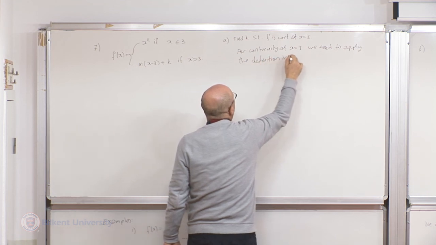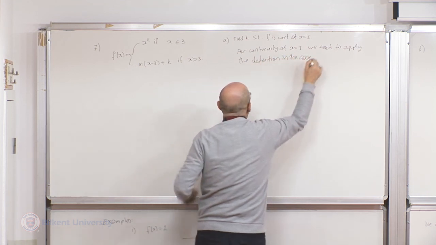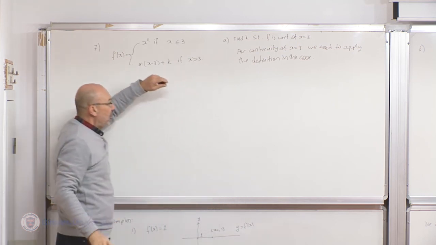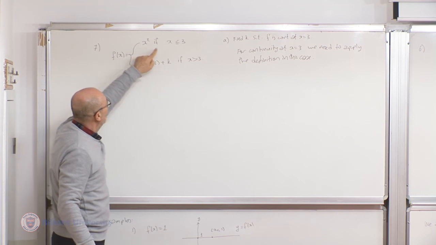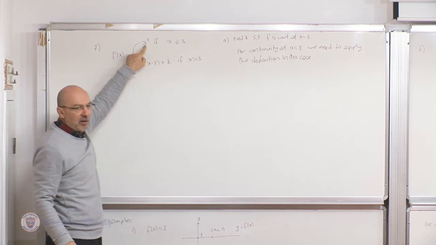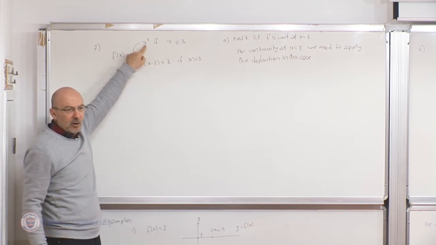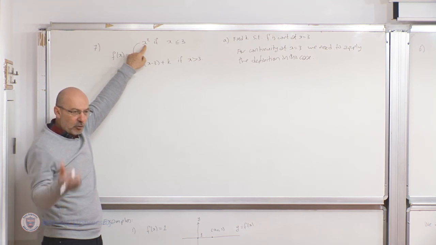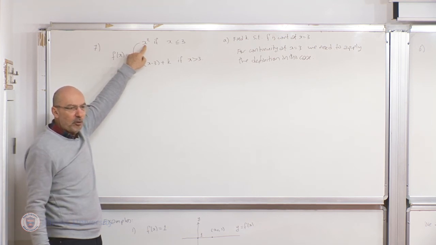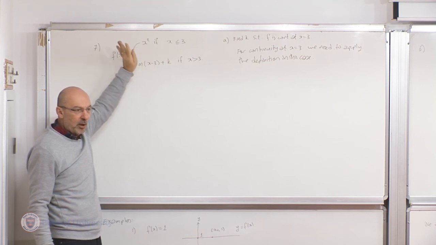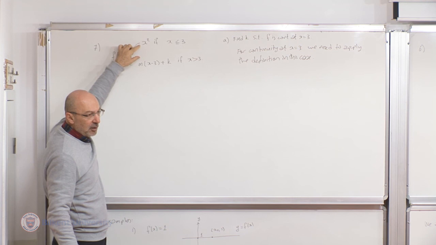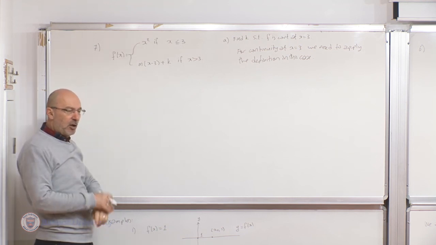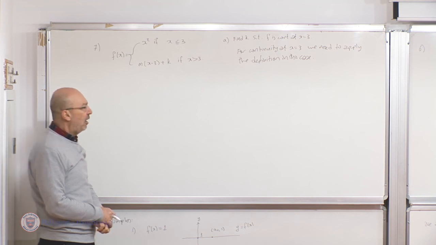Because if we asked, is it continuous at x equals 0, you look at the definition around x equals 0, it is defined like this, so you don't have to apply anything. You just use our knowledge that polynomials are continuous. Okay, so you don't do anything. But here at x equals 3, we have two different formulas for the function. So we have to check if those two formulas agree. How do we check this?